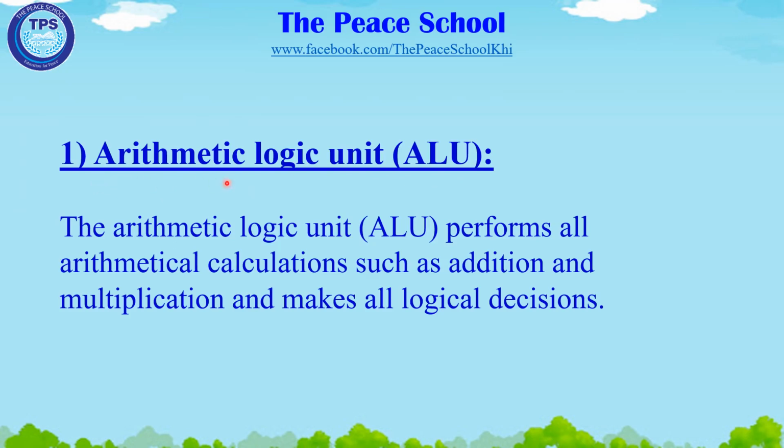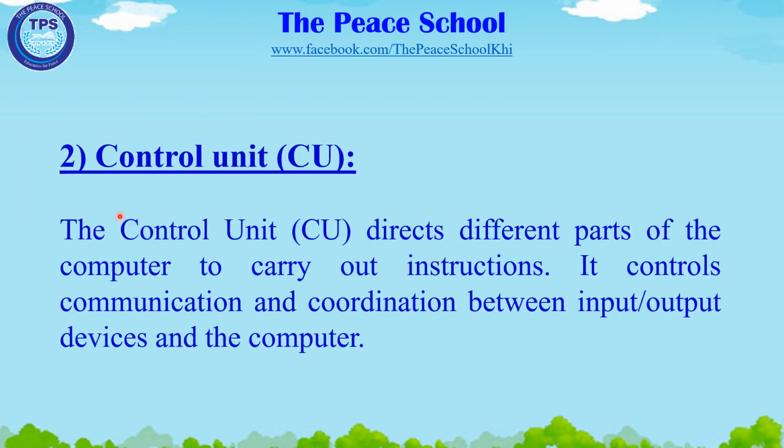Number one, arithmetic logic unit. The arithmetic logic unit performs all arithmetical calculations such as addition and multiplication, and makes all logical decisions. Number two, control unit. The control unit directs different parts of the computer to carry out instructions.